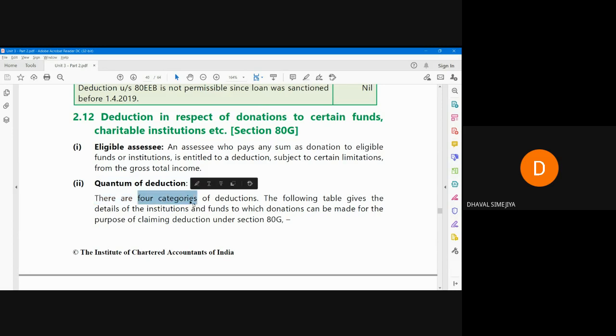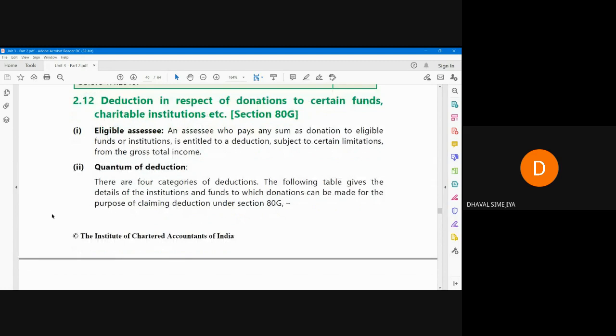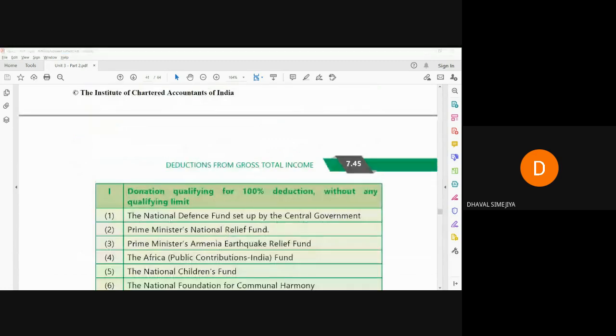The following table gives you the details of the institutions and funds to which donations can be made for the purpose of claiming deduction under section 80G. Now, look, four tables are there and all the tables have separate deduction availability. Okay.